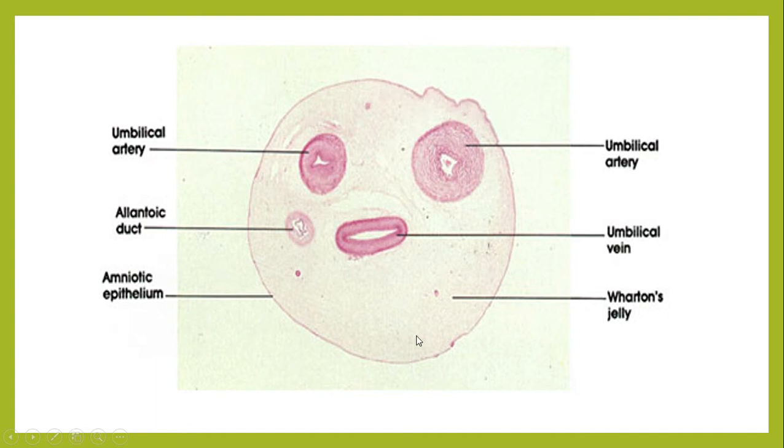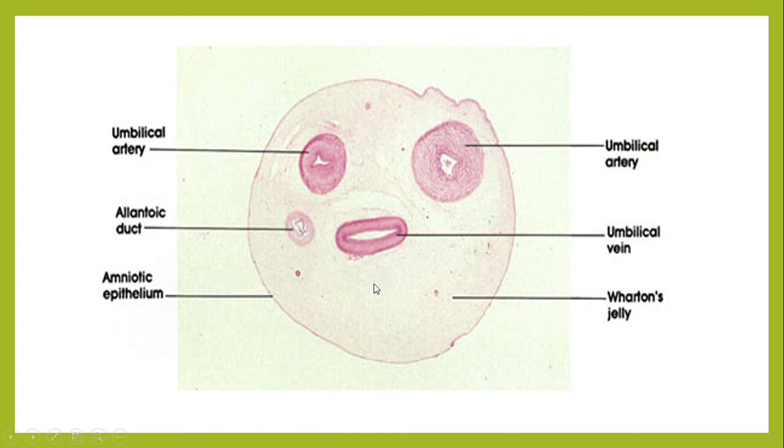You can make an outer roughly rounded structure with two umbilical arteries and one umbilical vein, and you can draw the allantoic duct or the vitellointestinal duct, and with pink shade you can draw the Wharton's jelly also. And the outermost layer is the amniotic epithelium.